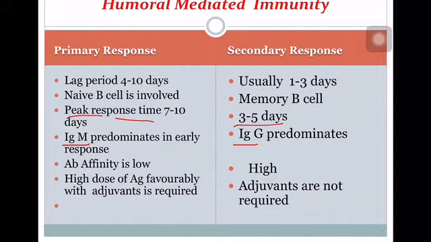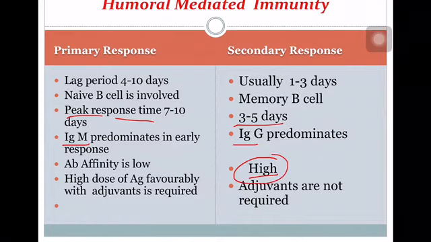The antibody affinity is low in the primary response, and for the secondary response the antibody affinity is high. Affinity means here the binding of antigen to the antibody. In the secondary response the antibody binds to the antigen more firmly, that means the dissociation is less compared to the primary response.